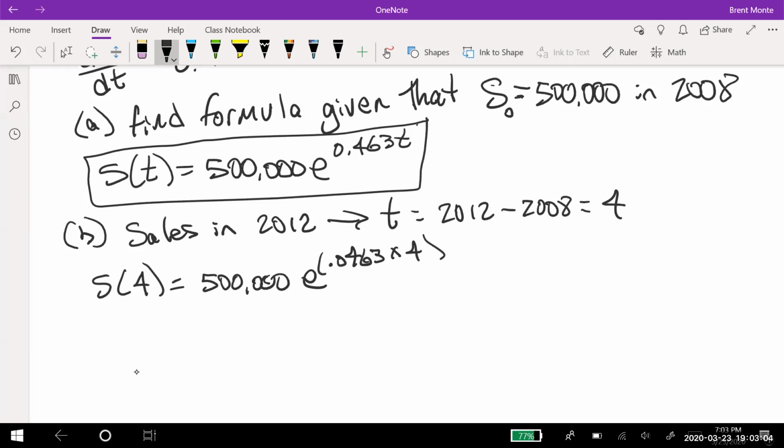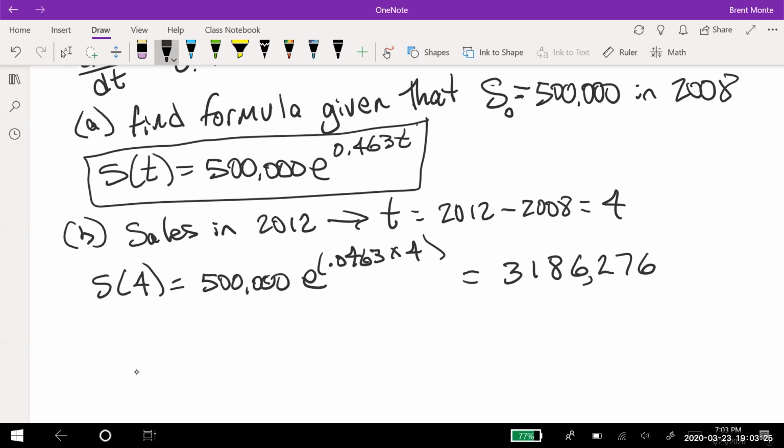The answer should come out, to the nearest dollar as they asked, as 3,186,27, and then it's 5.9, so I'll round that up to a 6.